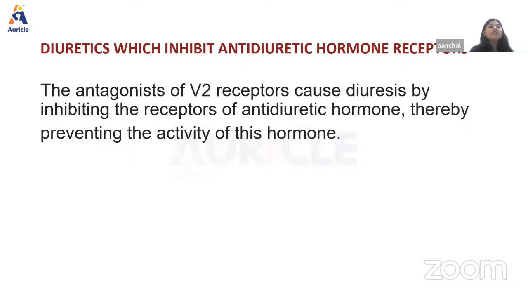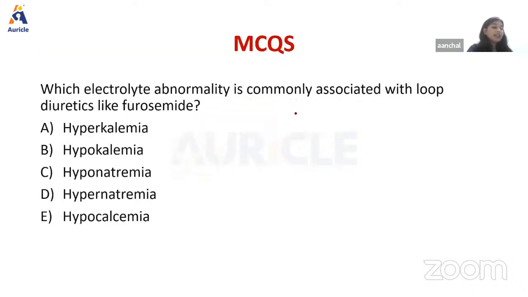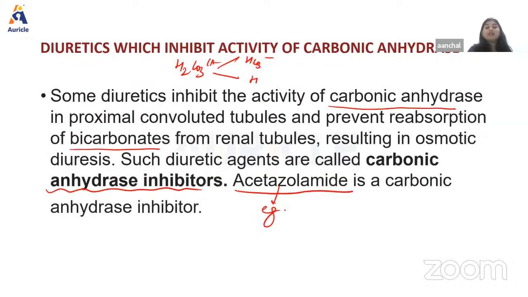Then last we have the diuretics which inhibit antidiuretic hormone receptors. So the antagonists of the V2 receptor, as we know the V2 receptors are present for binding, cause diuresis by inhibiting the receptor of antidiuretic hormone and thereby preventing the activity of this hormone. So this is all about the diuresis and the diuretics we have discussed.